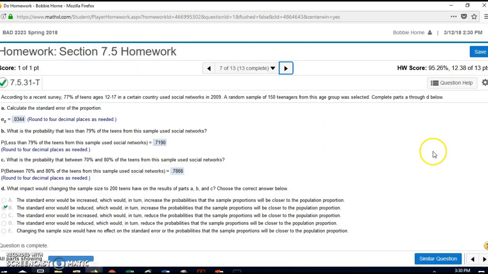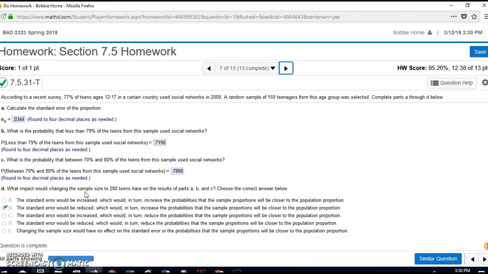Question number 7, you're going to calculate the standard error, and the probability that the proportion is less than 79%, between 70 and 80%. And then let's look at D. What impact would changing the sample size to 200 teams have?